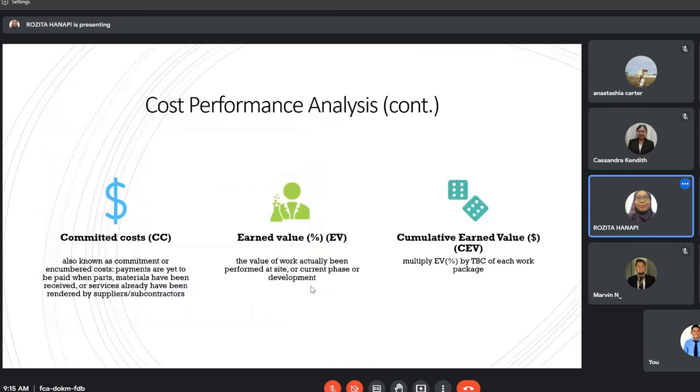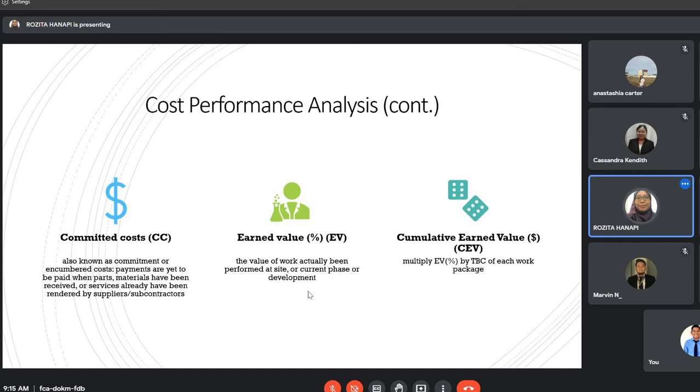Okay, so we also have committed cost, earned value, and also cumulative earned value. Okay, so committed cost is a commitment or encumbered cost, that is payments yet to be paid when parts or material have been received or services already have been rendered by suppliers or contractors.